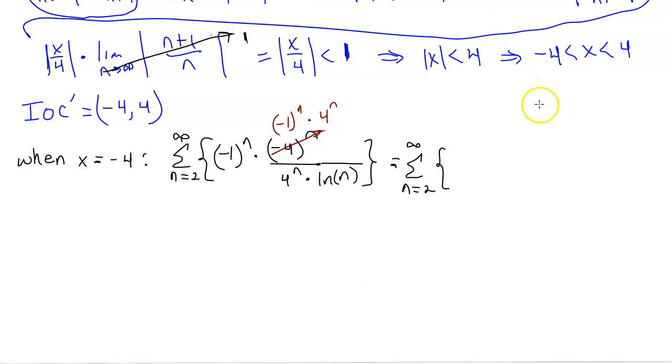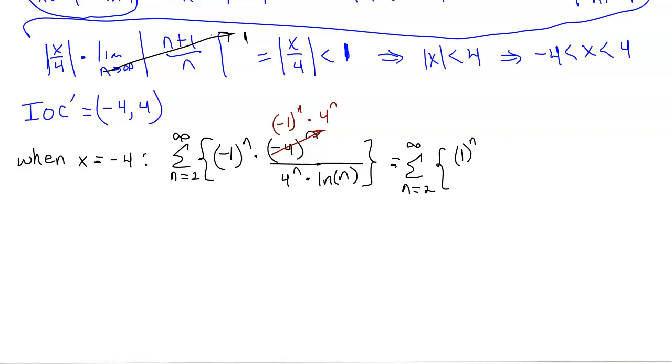Okay. And so if we look at it like that, then this -1 raised to the n times this other -1 raised to the n could be like a -1 times a -1, all that raised to the n, which is essentially just a 1 raised to the n.